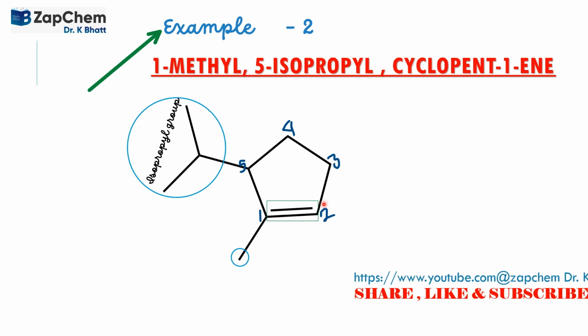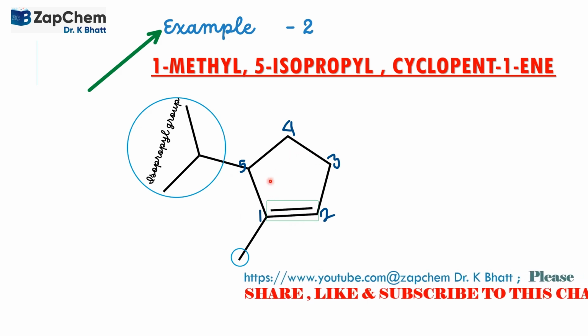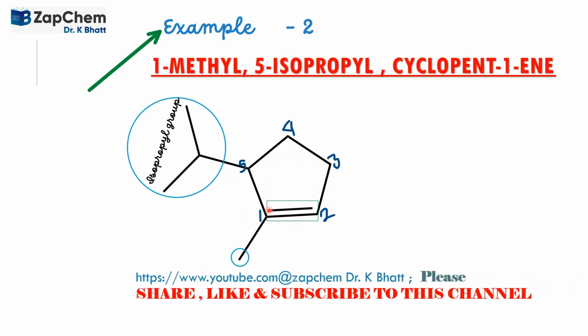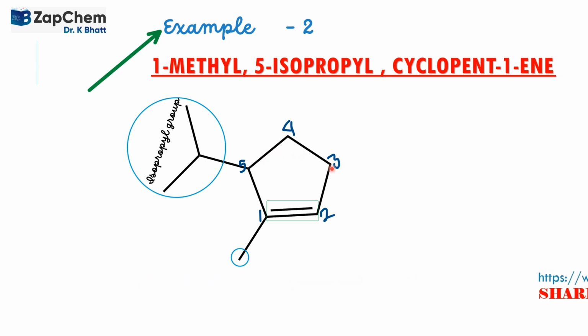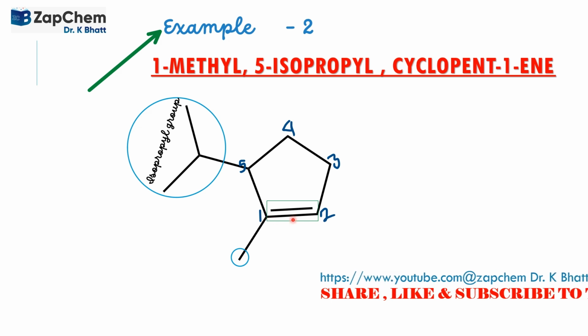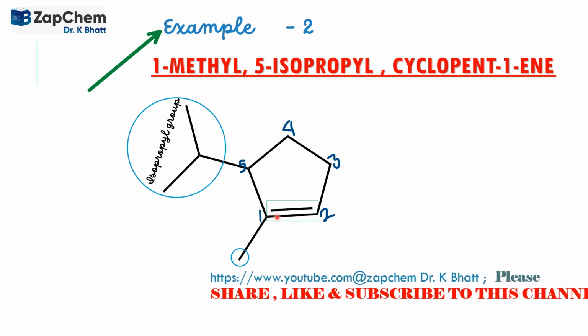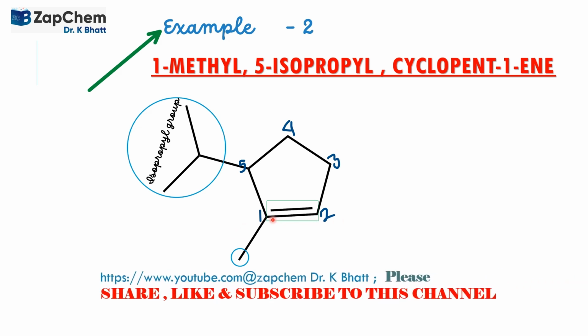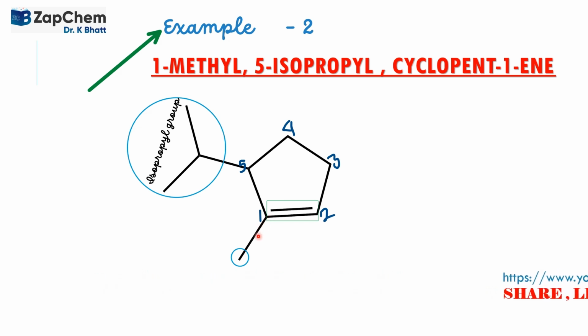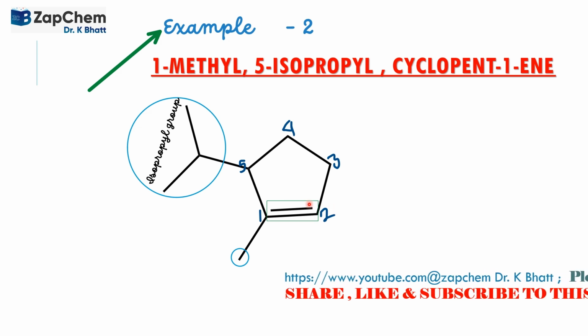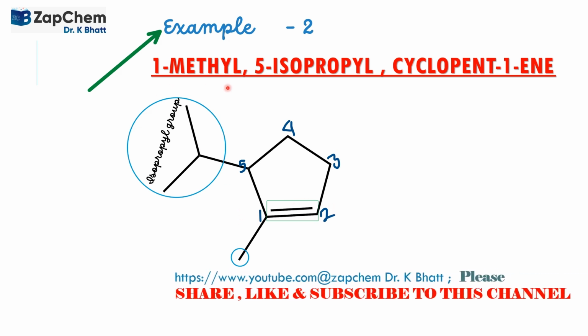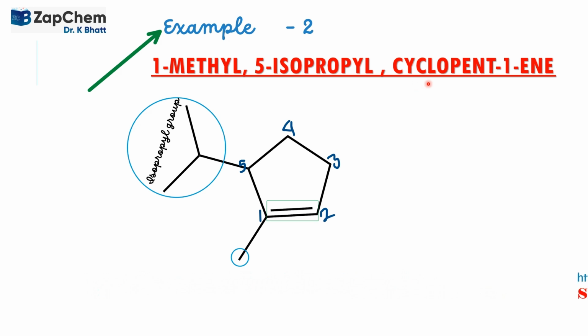Since it is a cyclic ring having 5 carbon atoms, we call it cyclopentane, but it is not pentane because there is a double bond in between, with the first carbon atom. So the first carbon atom contains the methyl group and a double bond, and therefore we name it 1-methyl-5-isopropyl-cyclopent-1-ene.